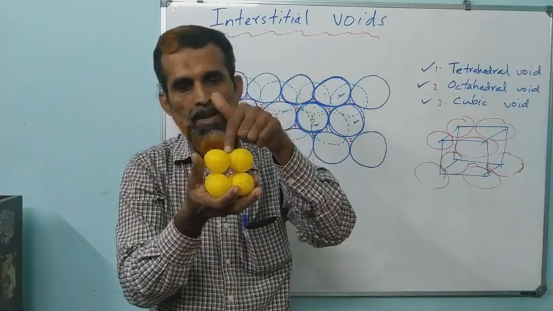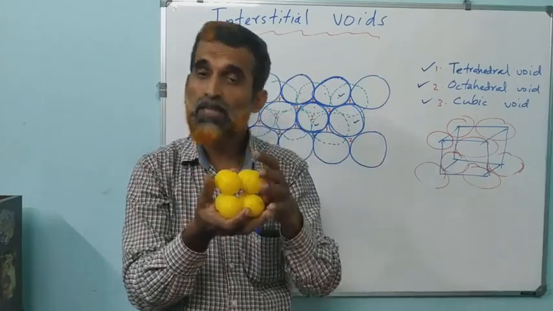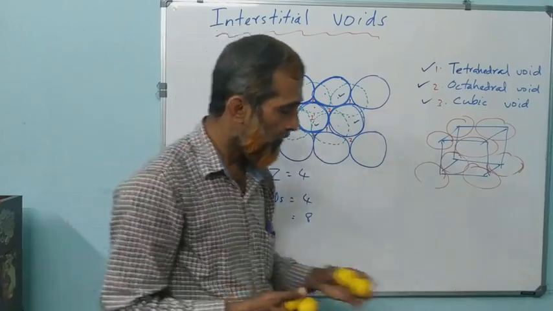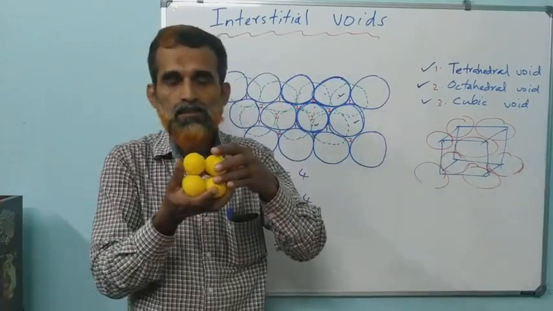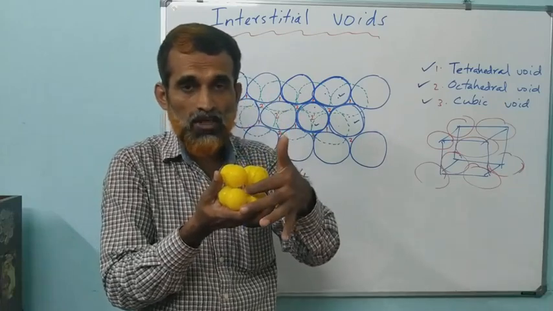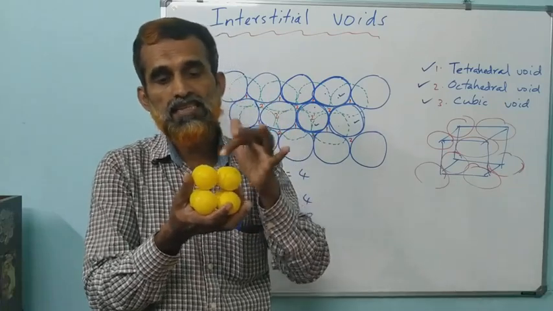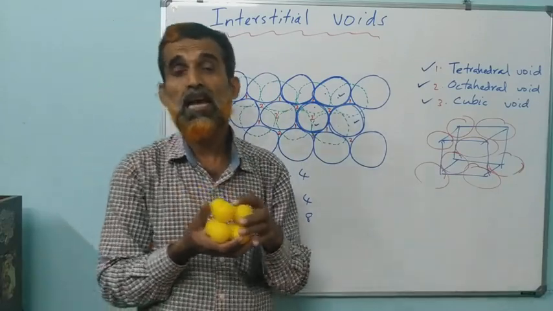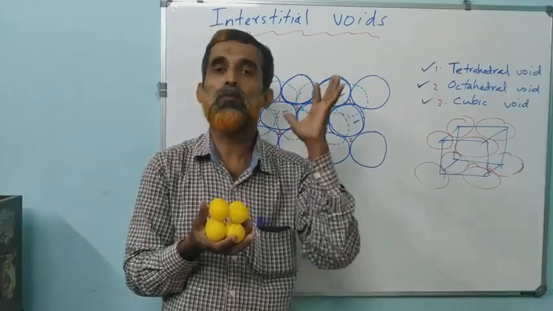So this void is at the center of this cube. That's why we call it a cubic void. So how do you define it? A cubic void is the vacant space at the center of 8 touching spheres whose centers lie at the corners of a cube.